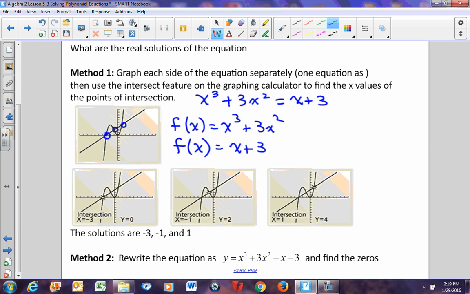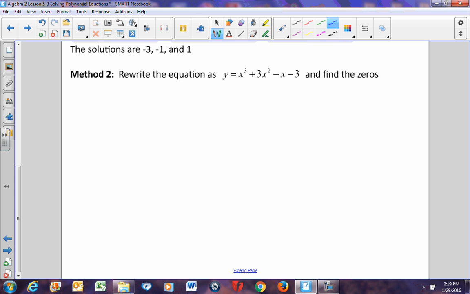The second method is the method I actually prefer a lot better, because with this first method, you might miss a point or two because your graph gets off your screen somehow. So I prefer method 2, which is you simply put the equation into your calculator. Remember, we started with x cubed plus 3x squared equals x plus 3.